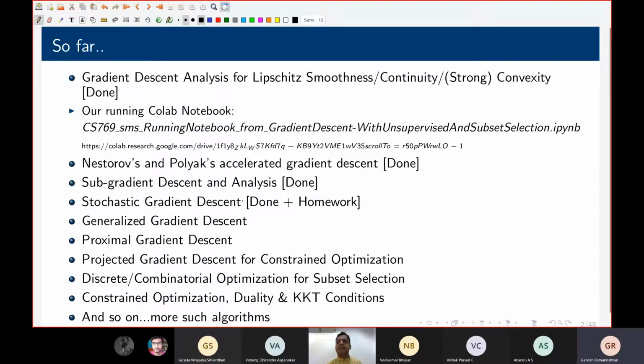Having gone through this entire journey of seeing the convergence analysis, we'll quickly conclude our topic of stochastic gradient descent.